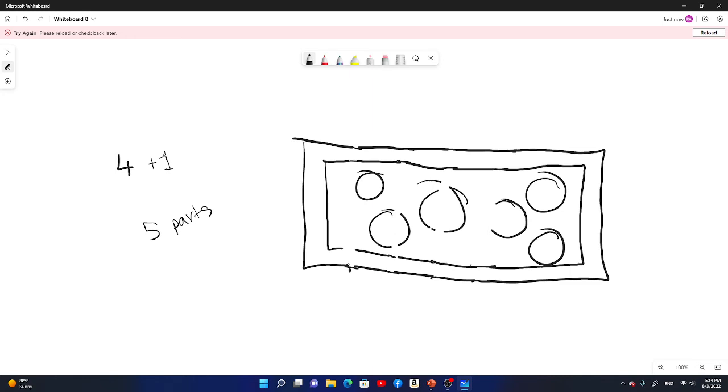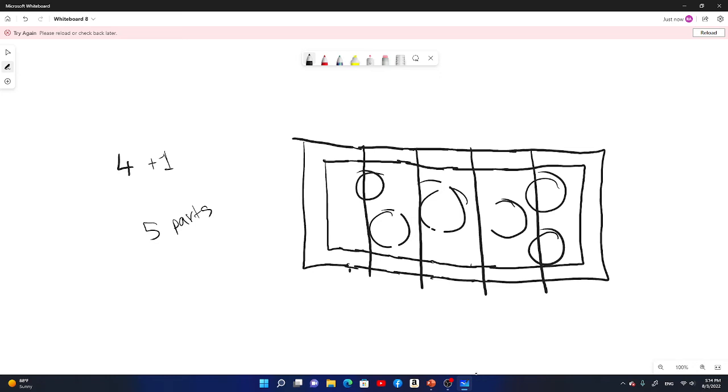So pretend if you want to do 7 parts, you have to put 6 lines. So over here we're going to put 4 lines. So 1, 2, 3, and 4. So we have 1, 2, 3, 4, 5. So we have 5 parts.